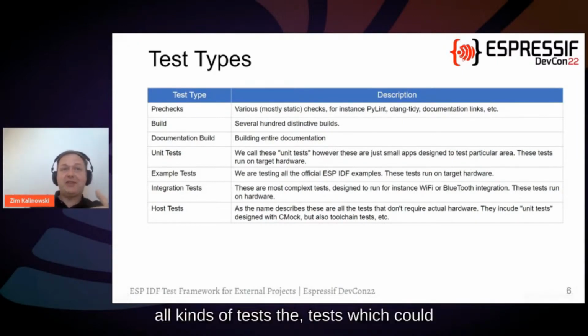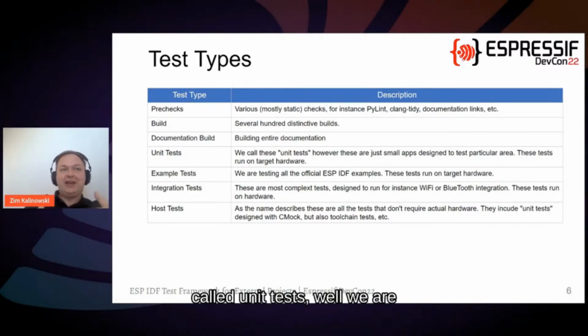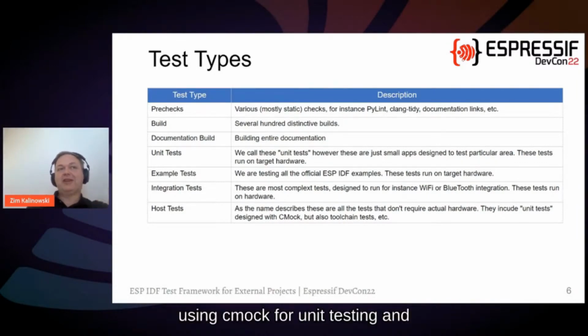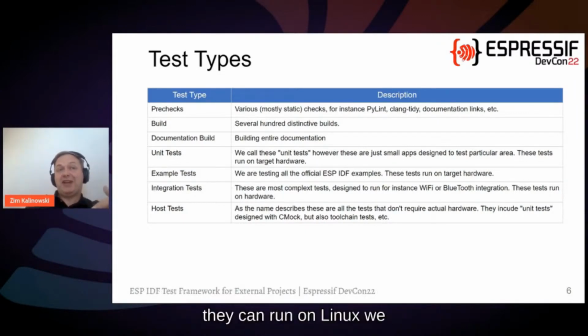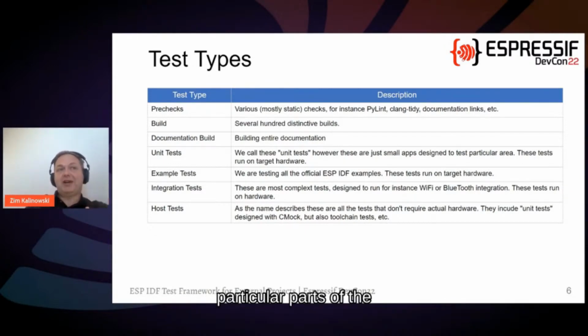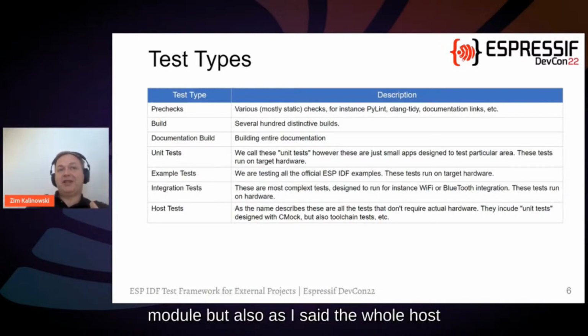The tests which could be called unit tests, well, we are using CMock for unit testing, and these are actually real unit tests because they can run on Linux. We don't require hardware. We just test particular parts of the module.